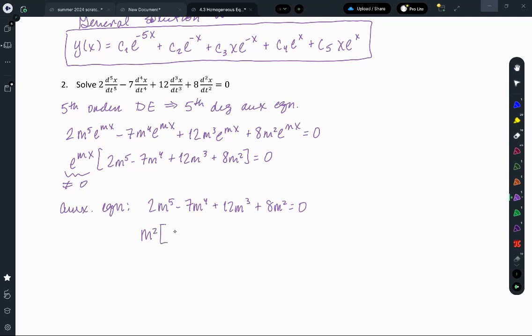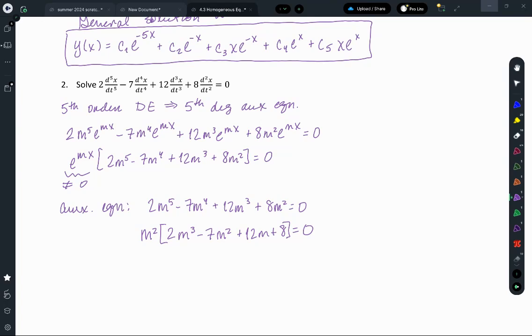M squared, and I leave behind a 2m cubed minus 7m squared plus 12m plus 8. And that's all equal to 0. Now, that does not factor by grouping. There's nothing I can do to make that nice.